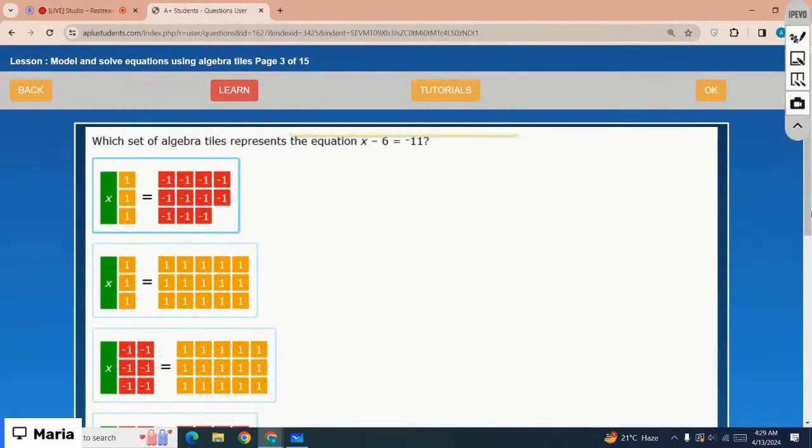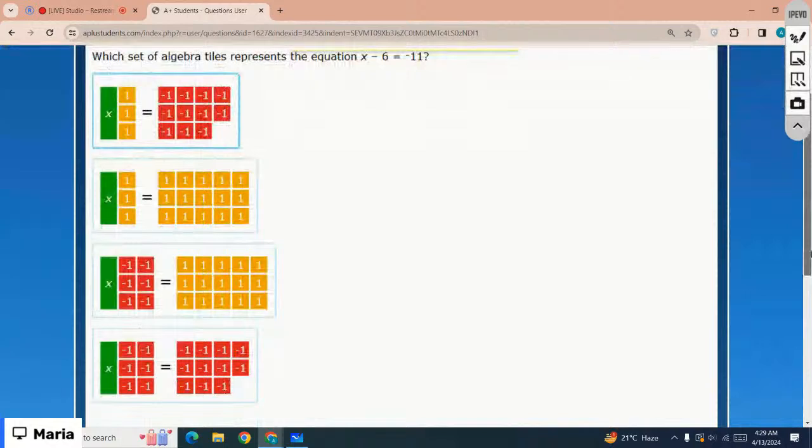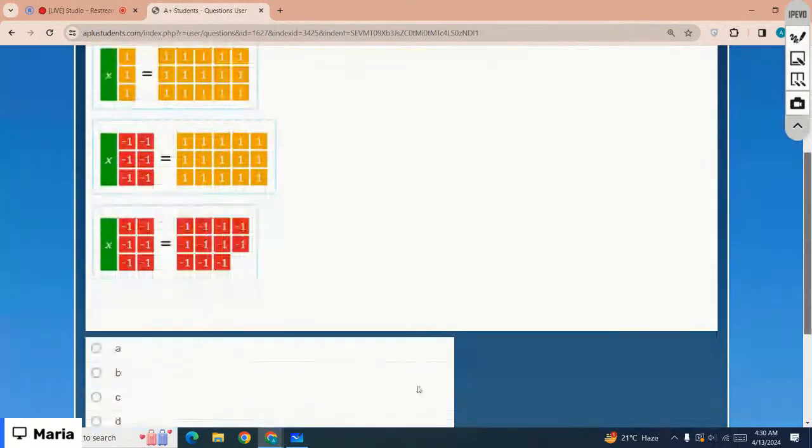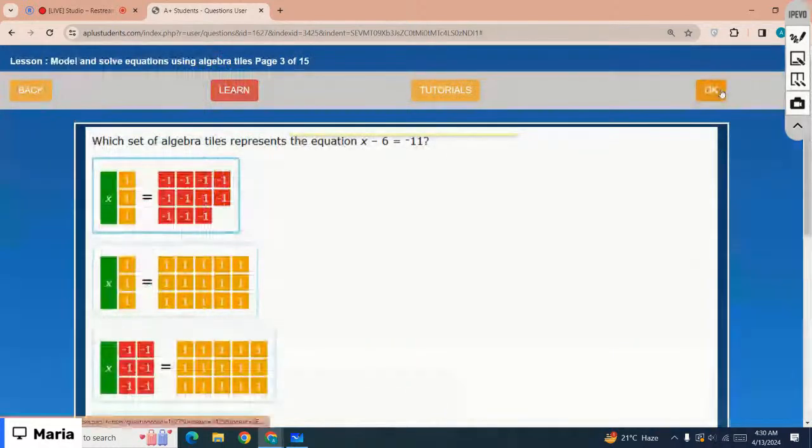Which is the correct option? The last one is the correct option, right? D is the correct option.